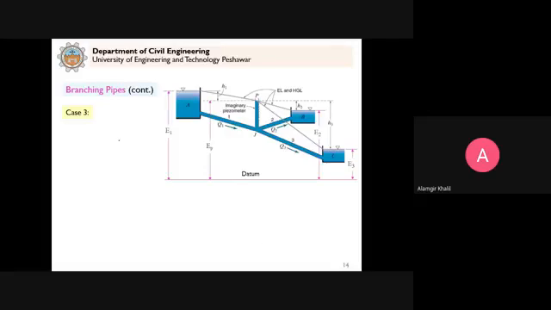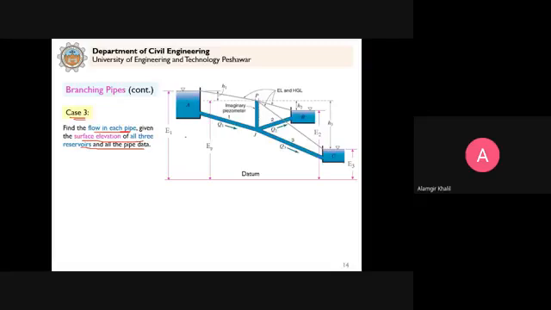Another case that is discussed in our textbook, that is case 3. In case 3, find the flow in each pipe. What we have to do? We have to now calculate the discharge in the 3 pipes, given surface elevation of all the 3 reservoirs and all the pipe data.